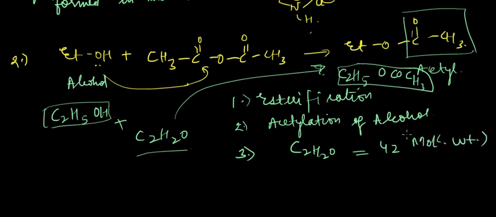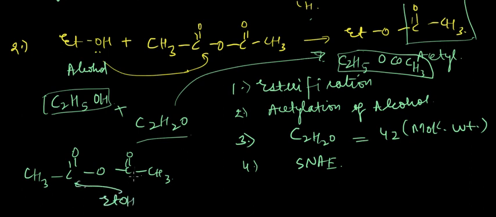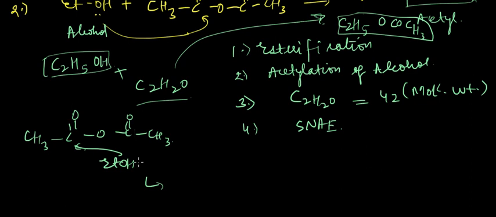Next, it is a type of SNAE reaction. I hope you are able to visualize how the mechanism is taking place in the background. This was the anhydride group we were having, and EtOH will act on this carbon atom, and as a result the first step in the reaction gives us O minus here, with OEt also attached, and obviously OCOCH3 attached.